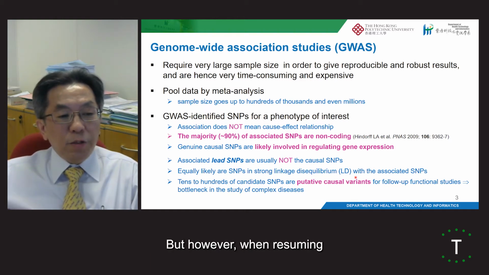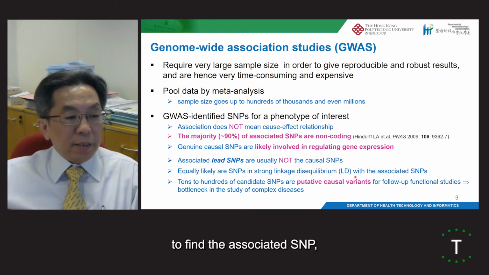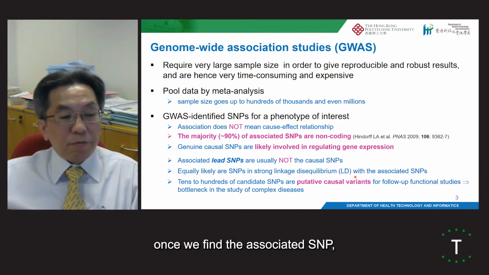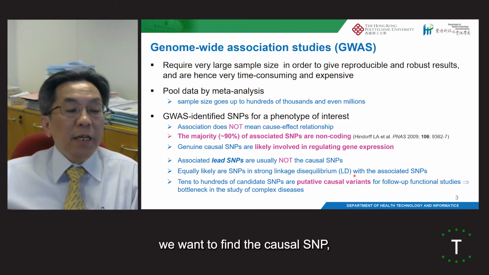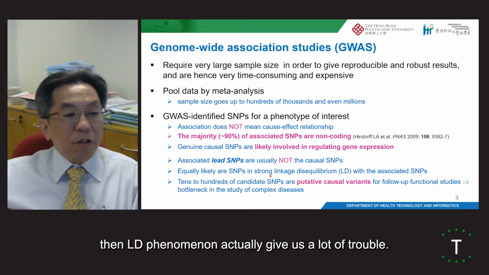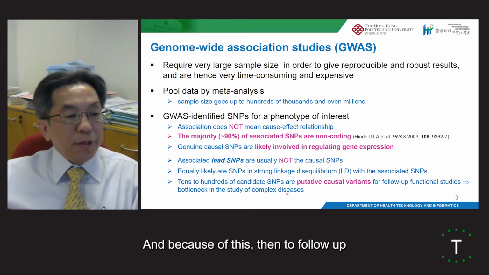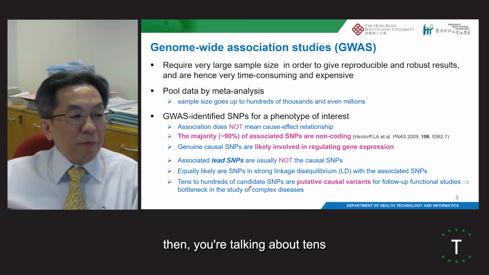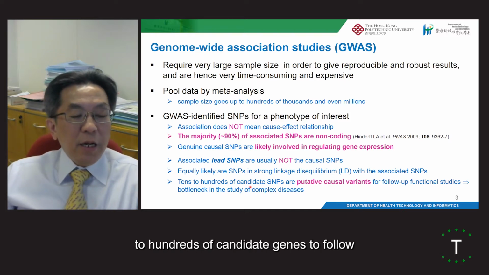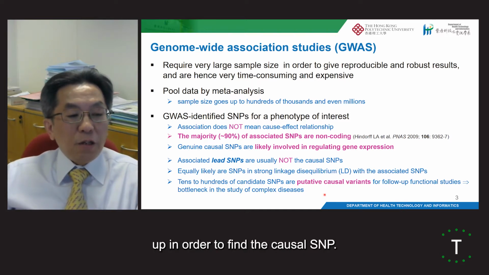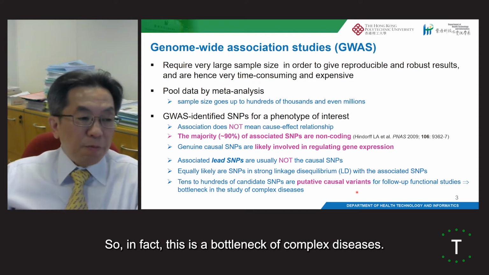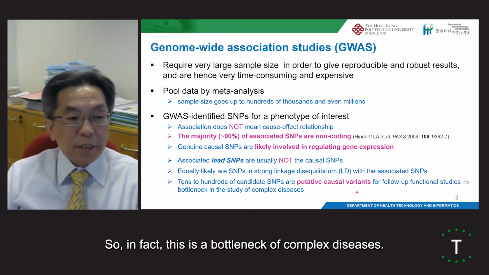However, once we find the associated SNP and we want to find the causative one, then the LD phenomenon actually gives us a lot of trouble. Because of this, to follow up you're talking about tens to hundreds of candidate genes in order to find the causal SNP. So in fact, this is a bottleneck of complex disease.